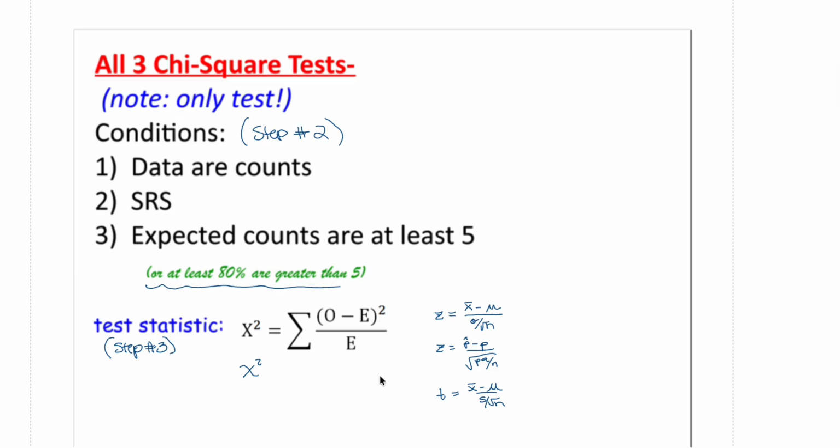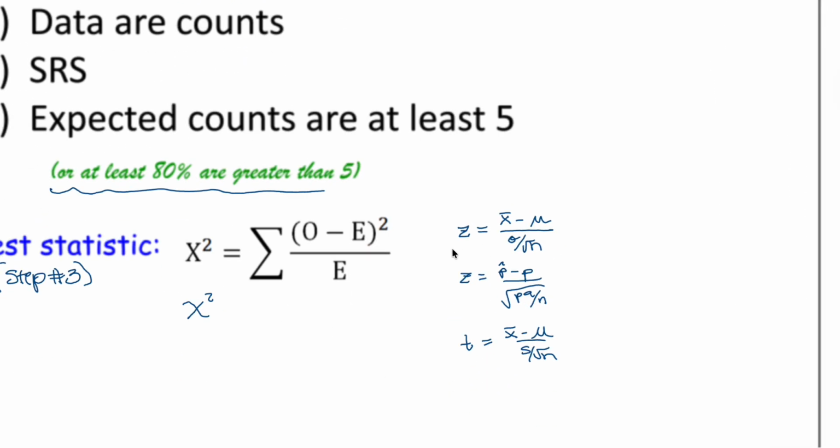And let's remind ourselves a little bit. When we're doing z-scores, we got x bar minus mu all divided by standard deviation over square root of n. This is when we're finding z for means. When we're finding z for proportions, we're going to use p hat minus p over the square root of pq over n. When we're doing a t-test, finding t, we're going to use x bar minus mu over s over square root of n.